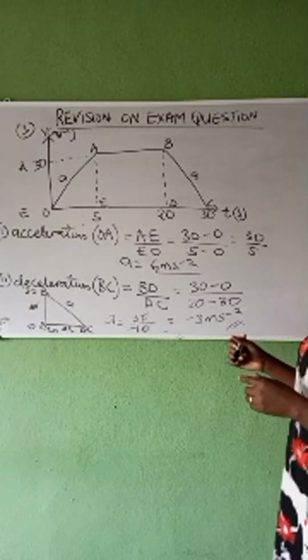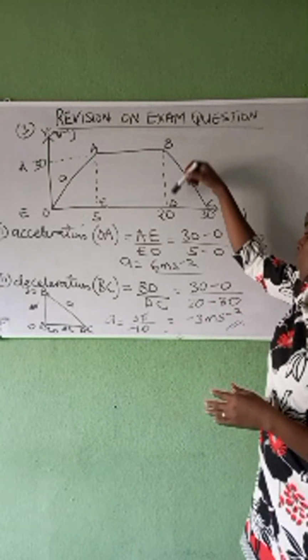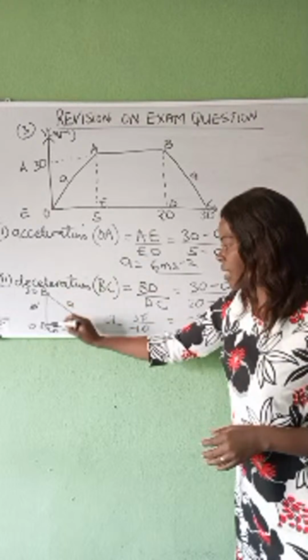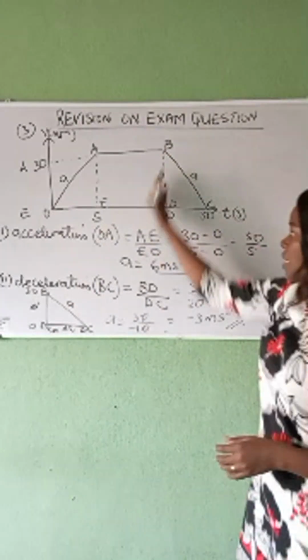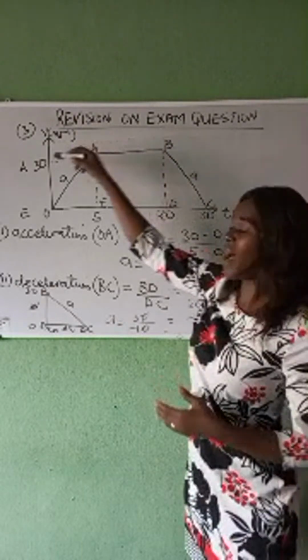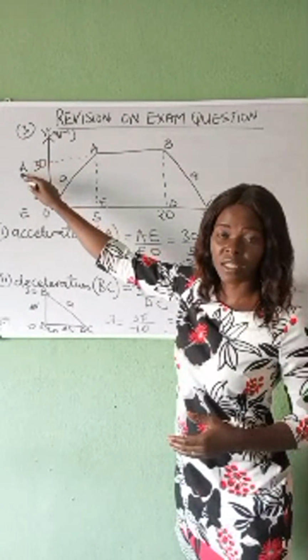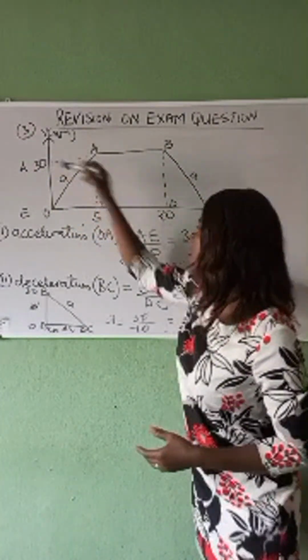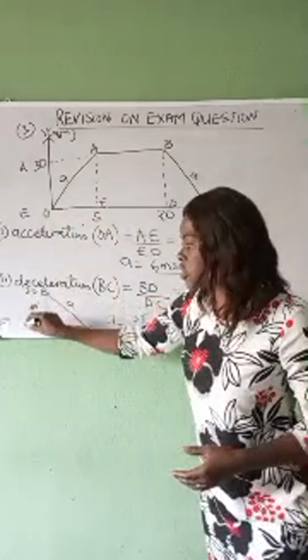What I did was to say that this is BD. I brought out the triangle. This is BD, right? E minus what? 0. This is vertical. So with respect to the vertical, you are going to read the velocity to pick the value. This is what? 30. While D here is what? 0. Okay?